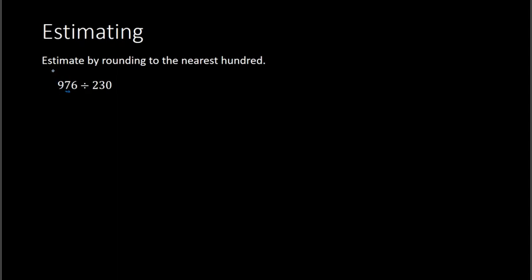So this would round up to 1,000. And then the 230 would round down to 200. It's closer to 200 than to 300. So I have 1,000 divided by 200. Well, 1,000 divided by 200 would be 5. So that is my estimation, and the actual answer would be 4.24.